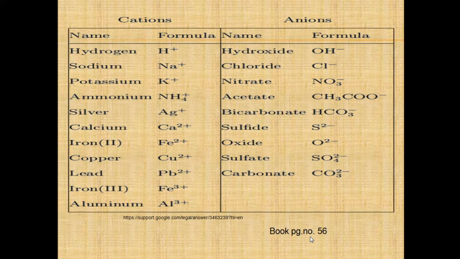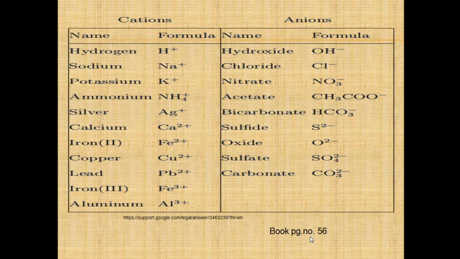ना यहाँ पे एक टेबल दिया है आपको कटायंस और अनायंस का, वो आपको लर्न करना है. हाइड्रोजन H+, सोडियम Na+, पोटेशियम K+, अमोनियम NH4+, सिल्वर Ag+, कैल्शियम Ca2+, आयरन 2 Fe2+, कॉपर Cu2+, lead Pb2+, iron 3 Fe3+, aluminium Al3+.